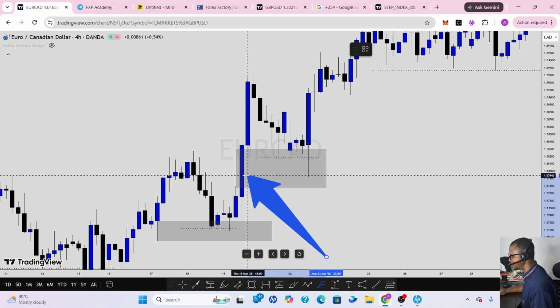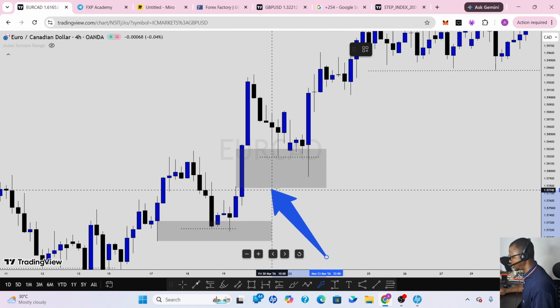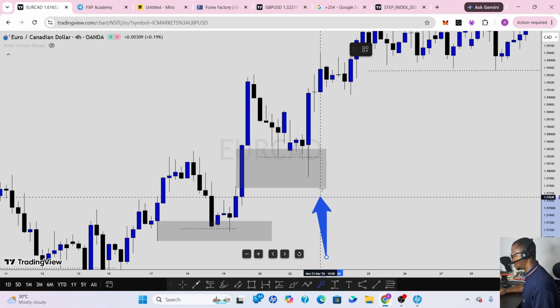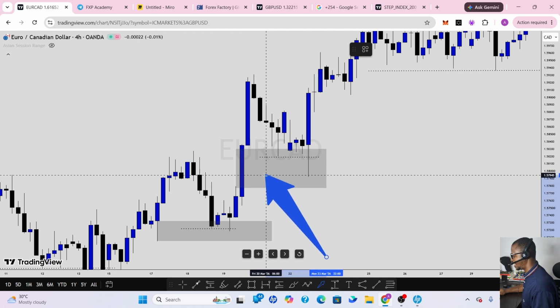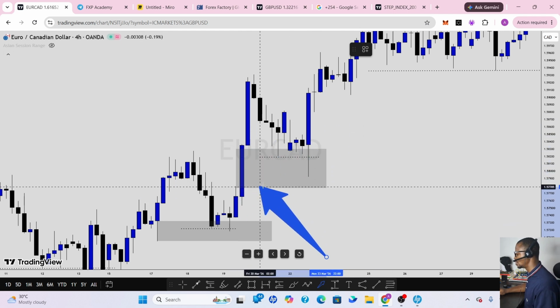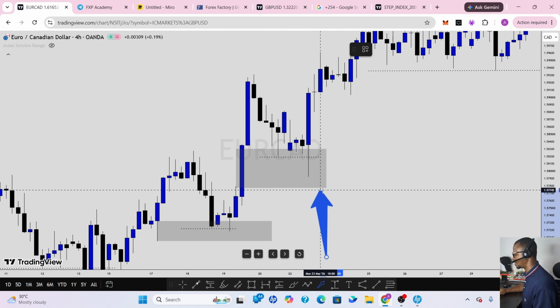And remember, it is using this dynamic demand level, which is the fair value gap. So you can equally use fair value gap as your supply and demand level, but in this case it is referred to as dynamic. You understand? So I'll talk about this concept much more, using fair value gap as your supply zone.